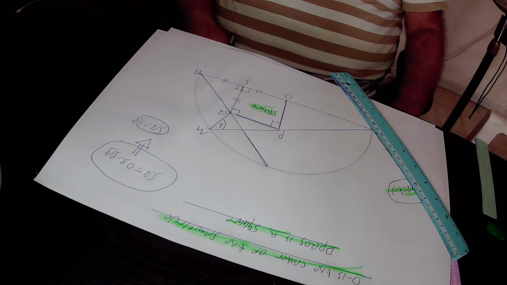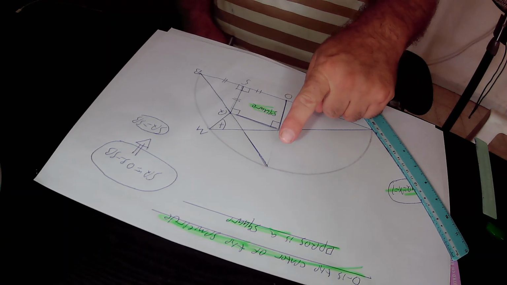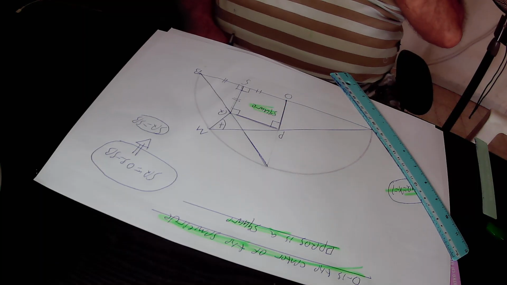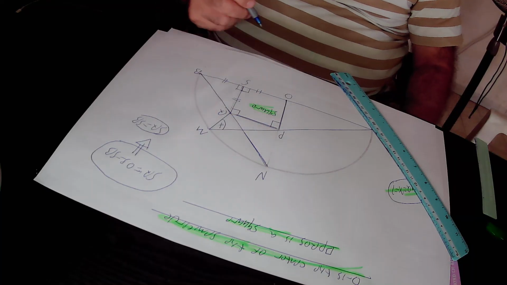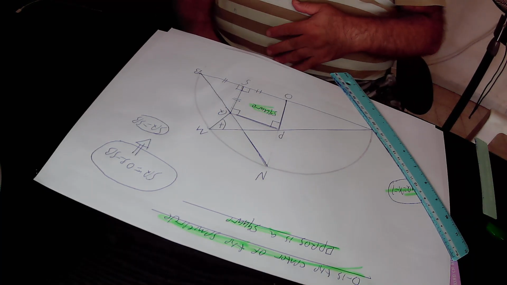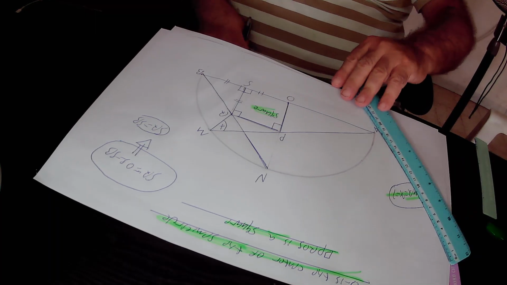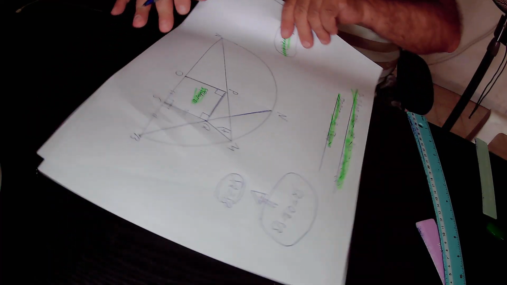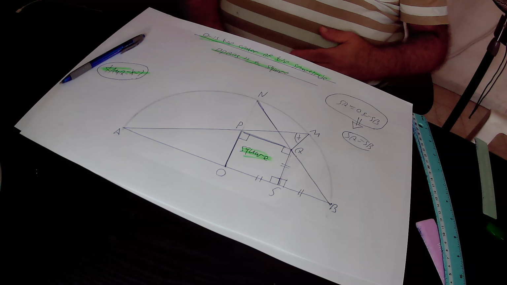And we will define the touching point of the extended straight line BQ with this circle. This point is point N. By doing this construction, we created the small right triangle BSQ.